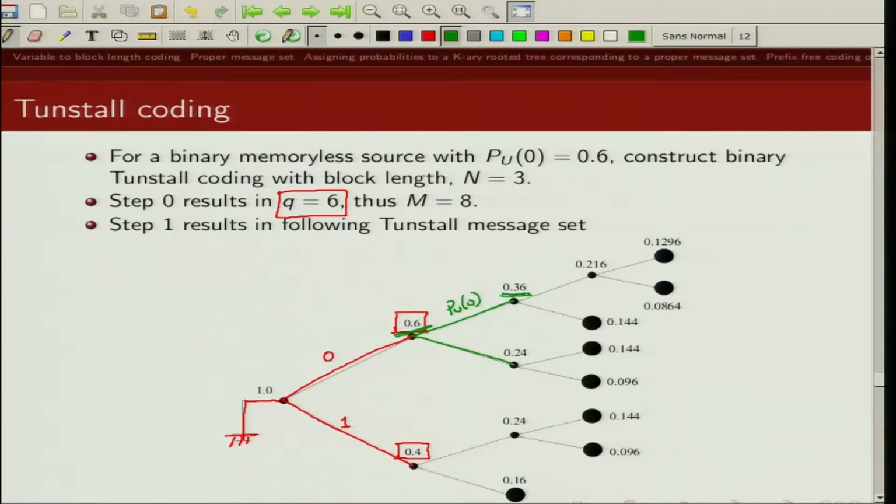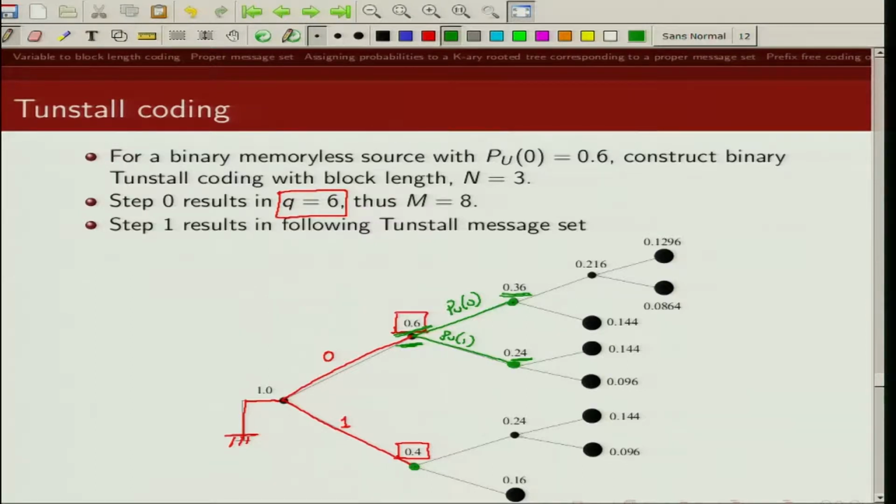So this is 0.36. Similarly, the probability at this leaf is 0.6 into probability of letter 1, which is 0.4. So 0.6 into 0.4, that is 0.24. So after the first extension, this is how my message set looks.